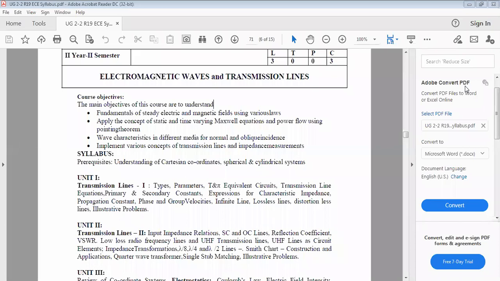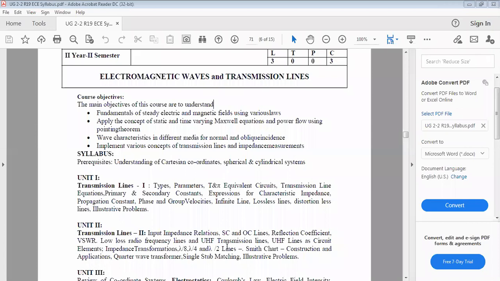Gamma and Z naught are the secondary constants, where gamma is represented with the square root of (R plus j omega L) into (G plus j omega C). I am not explaining it fully here, but in tomorrow's class I will clearly mention it with a PPT. Just listen to what is what here.